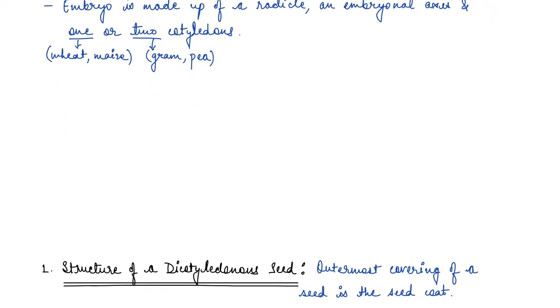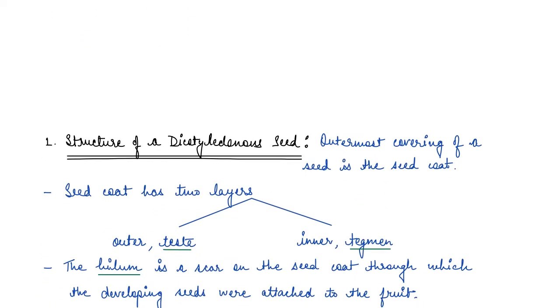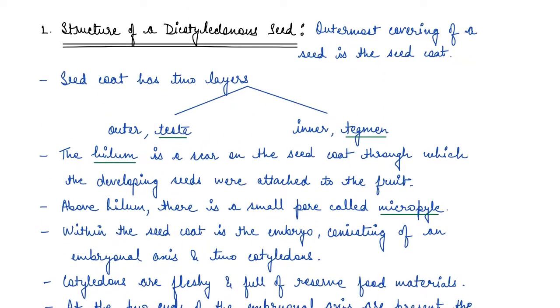Let's start with the dicot seed, the dicotyledonous seed, right? So in case of dicotyledonous seed, the outermost covering of the seed is the seed coat, and seed coat has two layers.